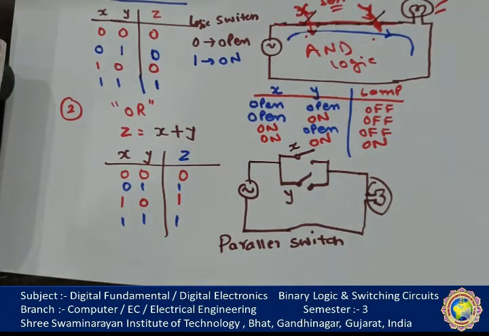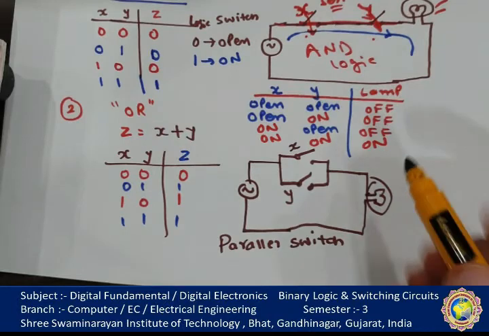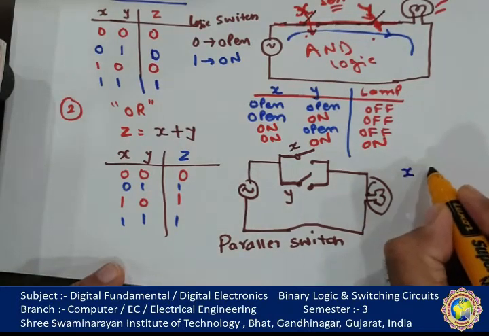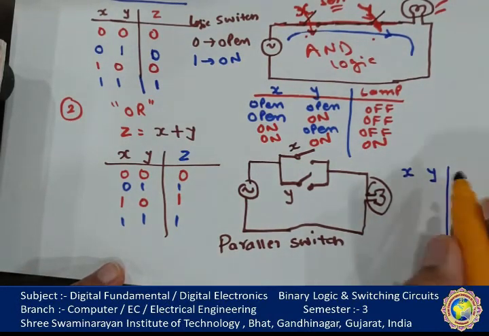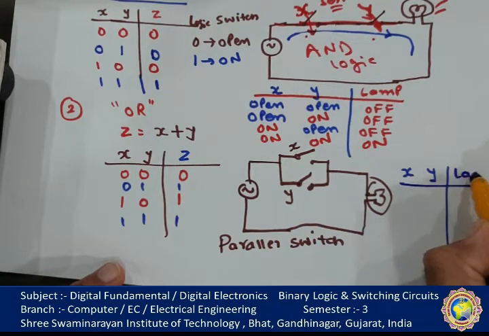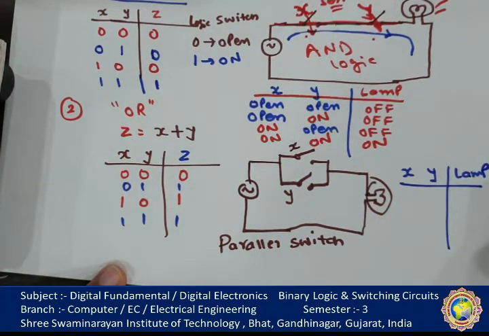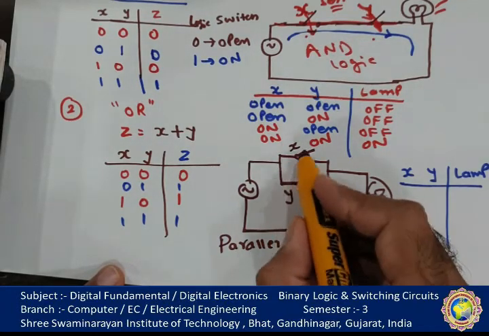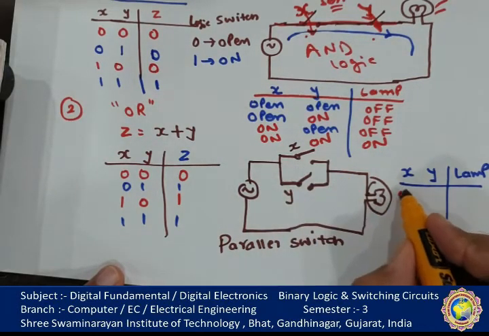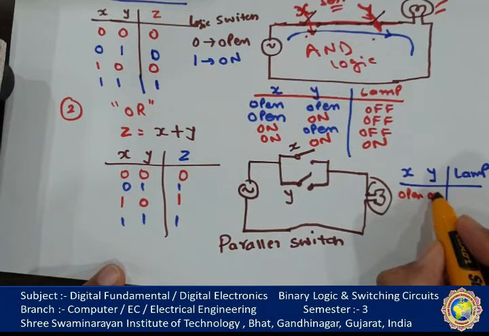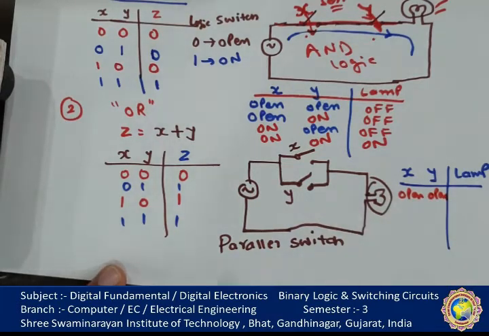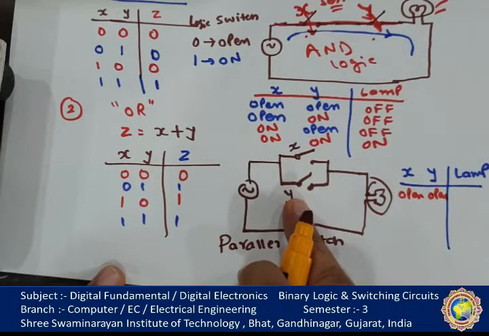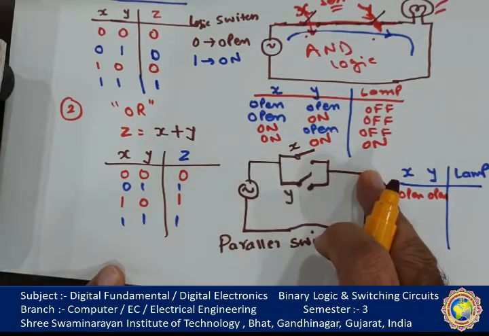Now there are two switches, X and Y, and we want to find out the lamp position. Suppose both are open. X is open, Y is open, so current cannot flow in this direction.